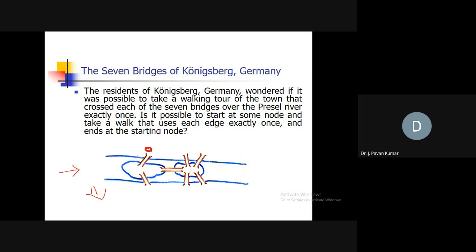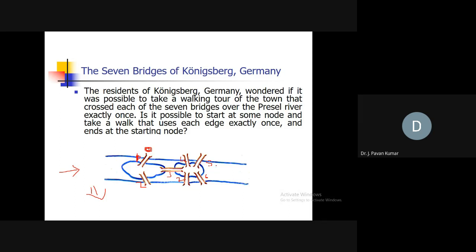Let us consider the bridge names as 1 2 3 4 5 6 7. You can go to the same place, but you should not travel through the same bridge. These are the bridge numbers.